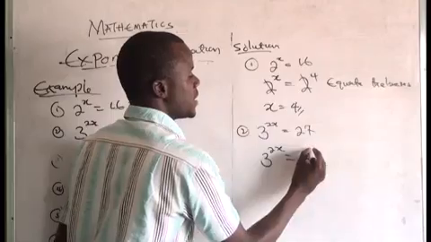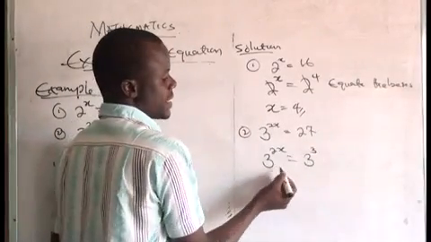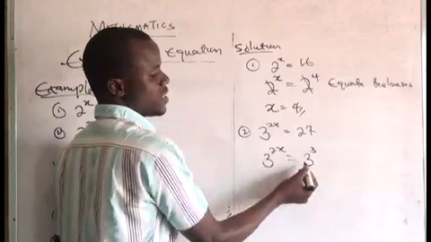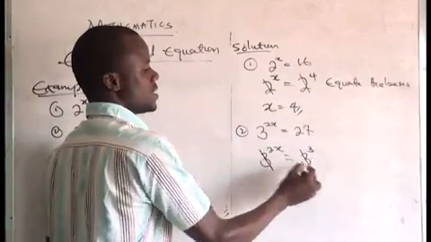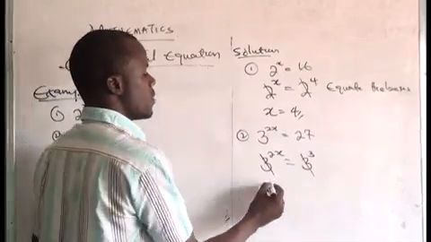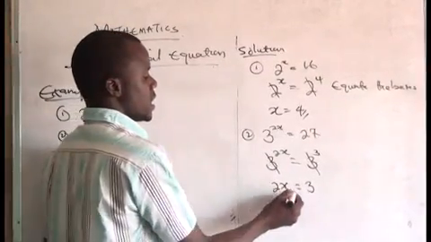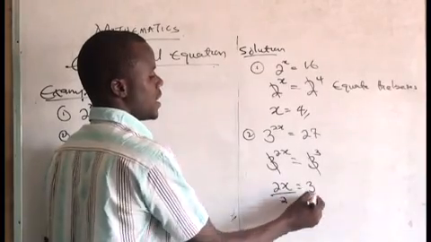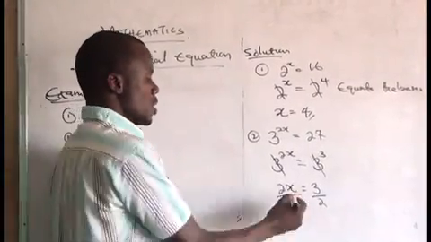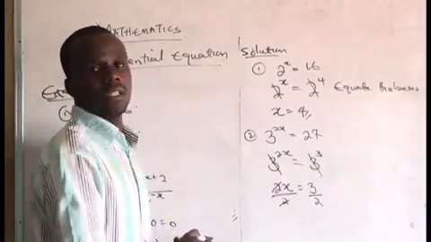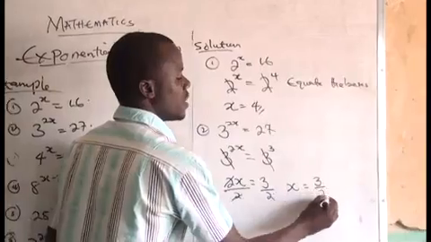So now this has base 3 and this has base 3. We equate the powers, so we have 2x equals 3. Then divide both sides by the coefficient of x, which is 2. So this cancels this, and x equals 3 over 2.